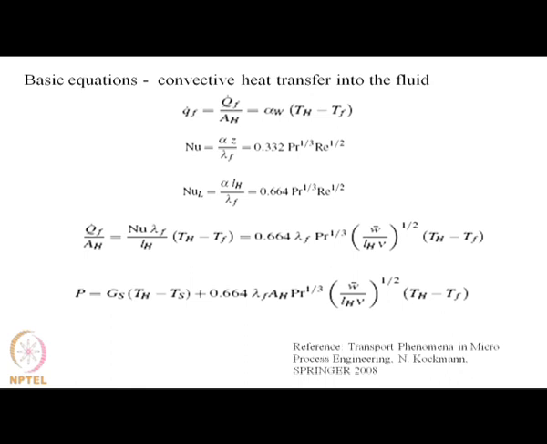So, the total power which is dissipated by the heater is given by the last equation in terms of all the quantities which can be measured. The temperatures to be measured are the temperature of the heater and the temperature of the solid, and the rest are dependent on the velocity and the thermophysical property of the fluid.